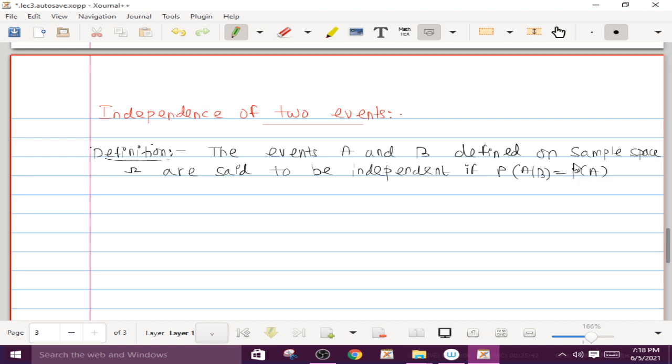If this conditional and unconditional probability is same, then it's called as the events are independent.